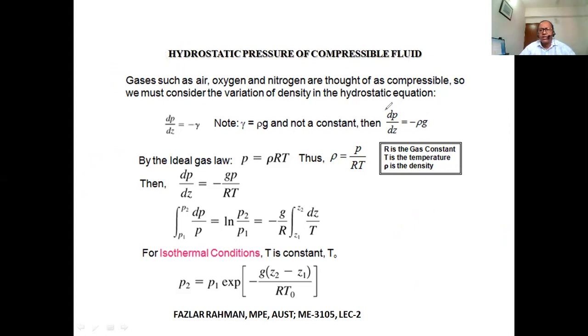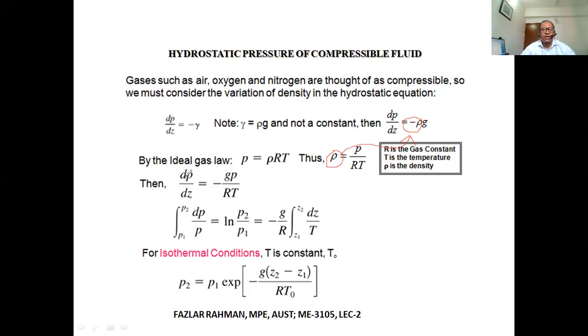So write this equation dP by dz. This rho is no more constant for compressible flow. And from the ideal gas law, we know P equal to rho RT. So from here, we can figure out rho equals P by RT. This rho we will put in this equation.